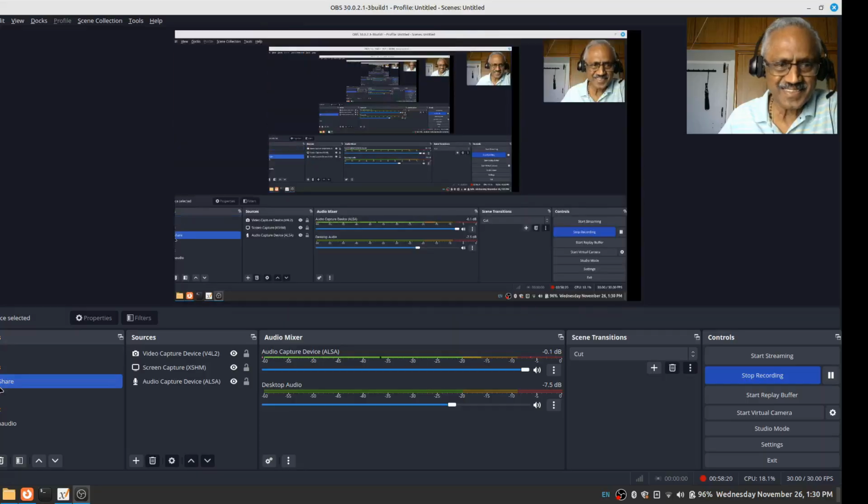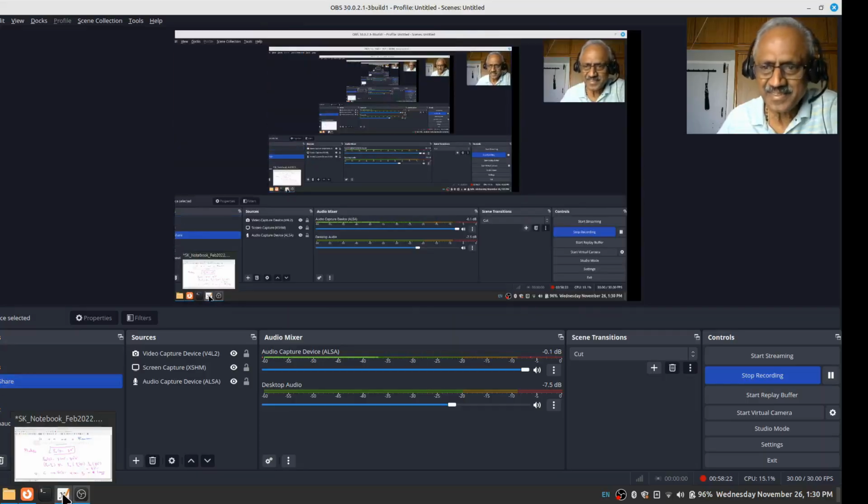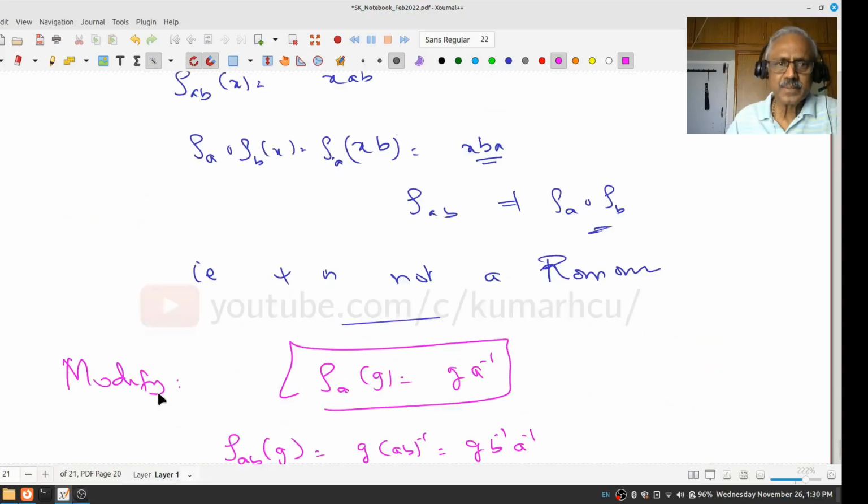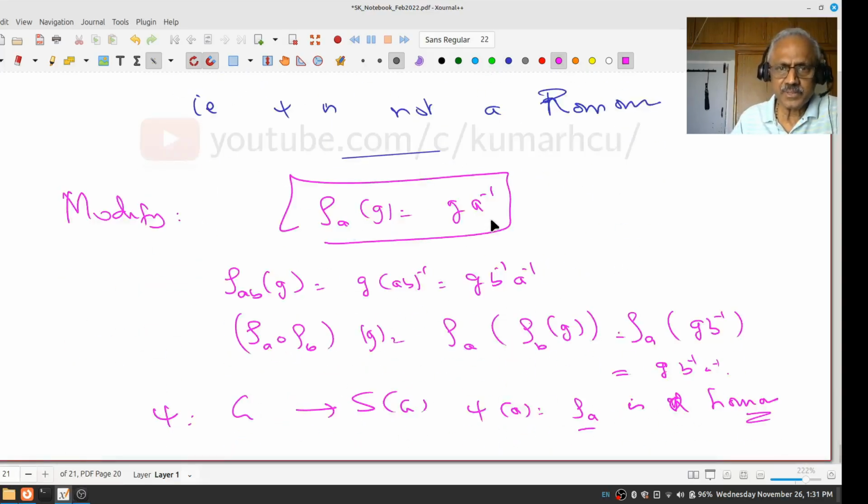I'm sorry, I forgot to show the check. Let us do that quickly. So we modify rho of A of G equal to G times A inverse. Then rho of AB of G is G times the inverse of AB, that is G times B inverse A inverse. We are going by definition. Call AB as C, then G times C inverse.